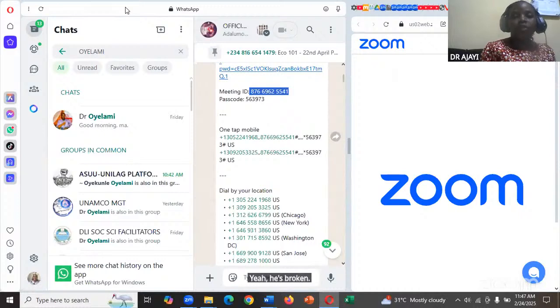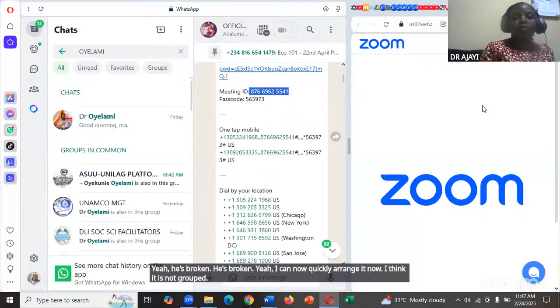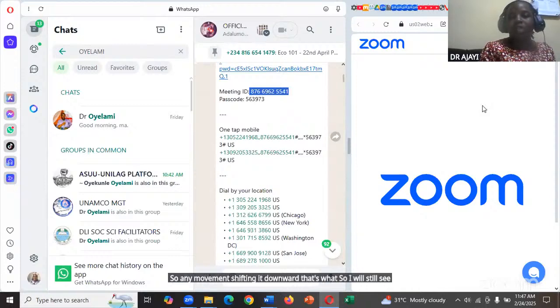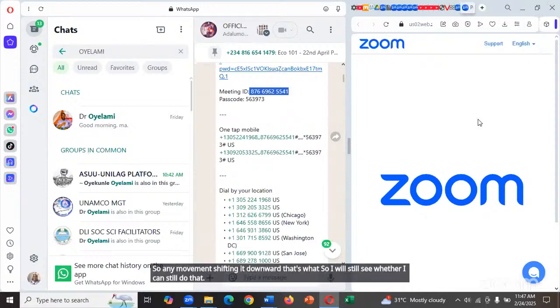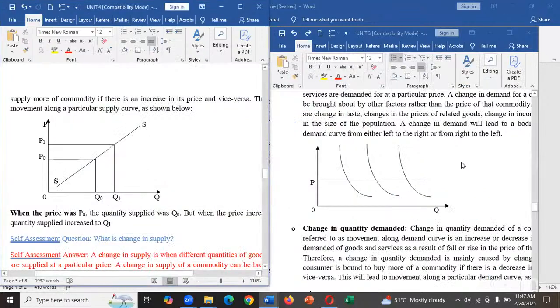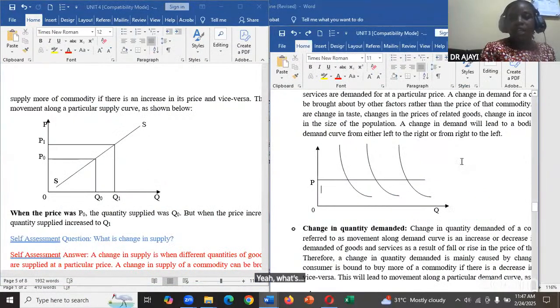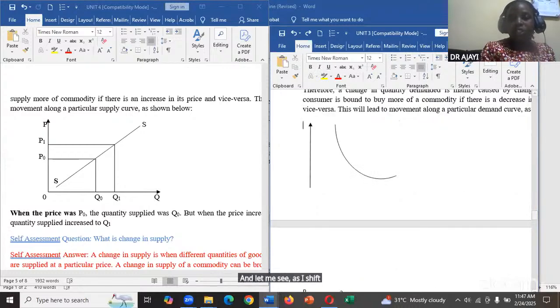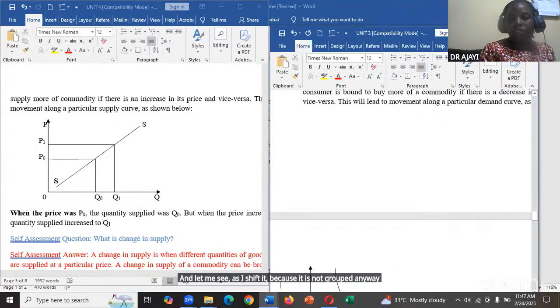Okay. I cannot quickly arrange it now. I think it is not grouped. So any movement shifting it downward, that's what. So I will still see whether I can do that. Okay, ma'am. But in case I'm not able to do that, let me see as I shift it, because it is not grouped anyway. So let me shift it to the next page.